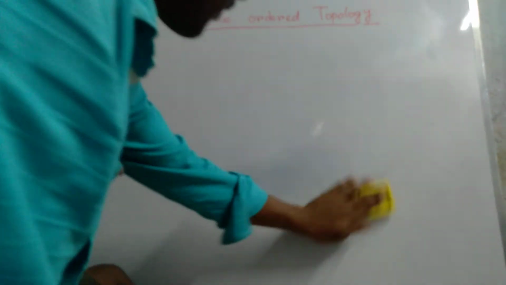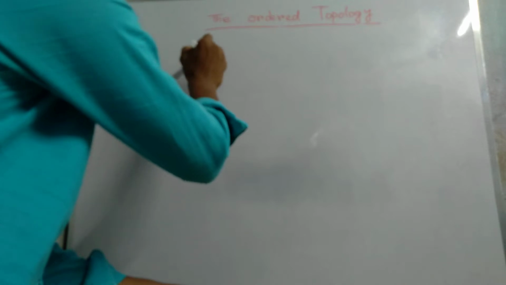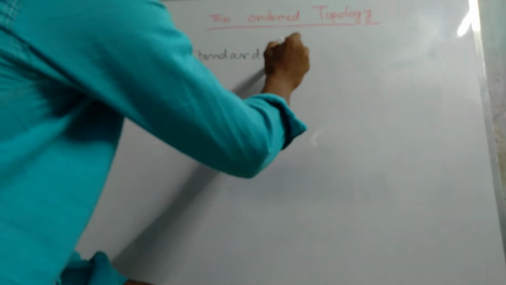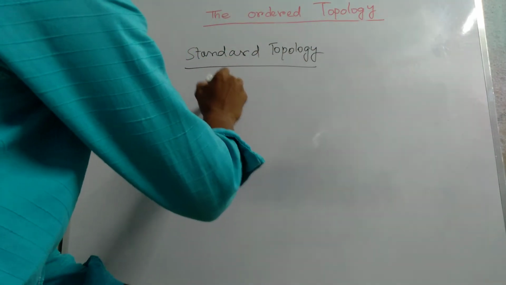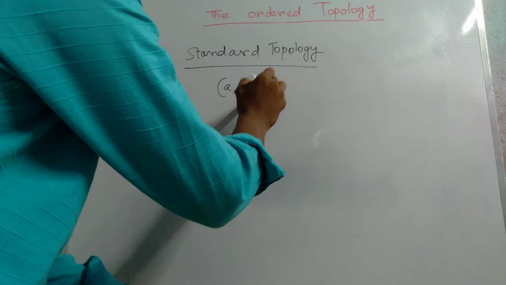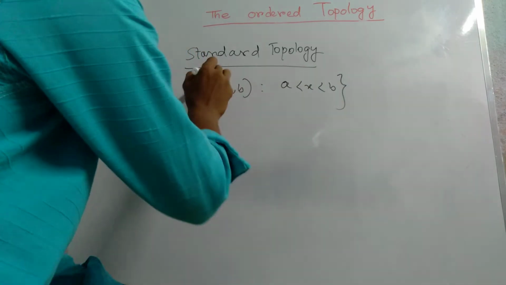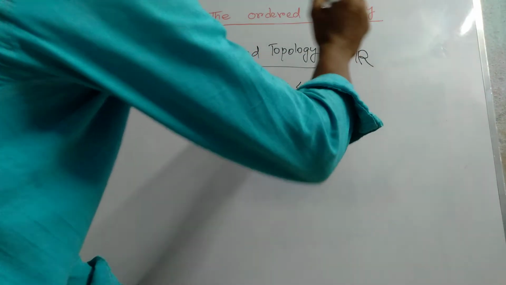We all know that open intervals (a, b), where a < x < b, are the basis elements for the standard topology on R, and it is denoted by R.